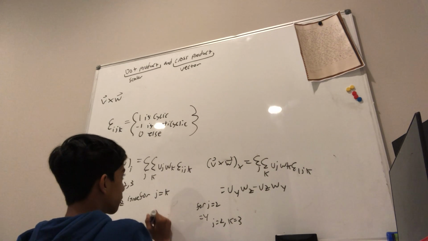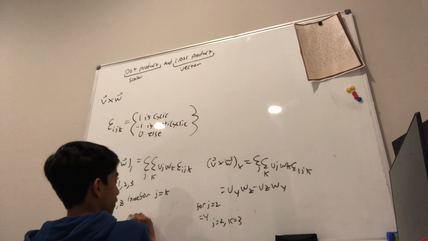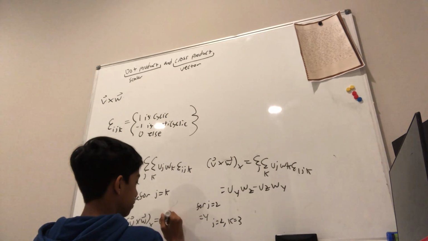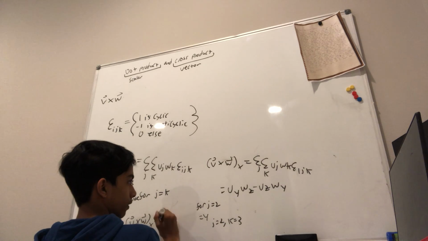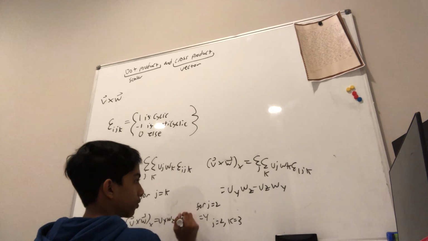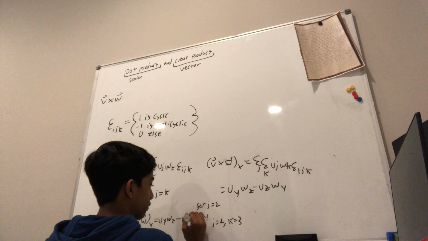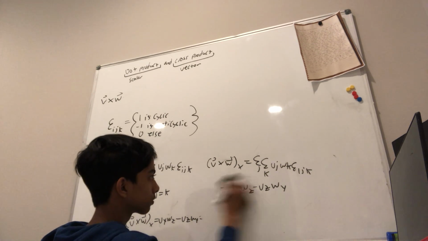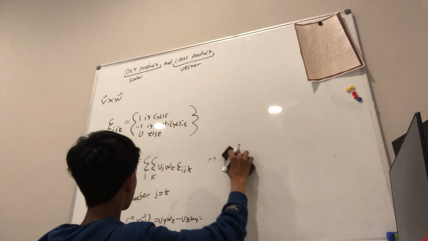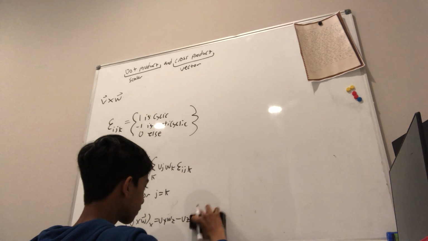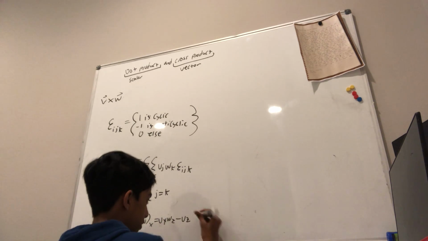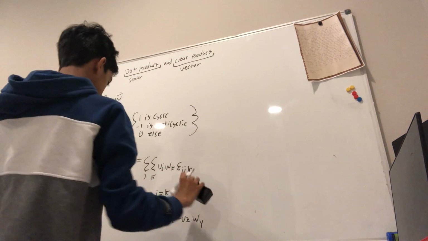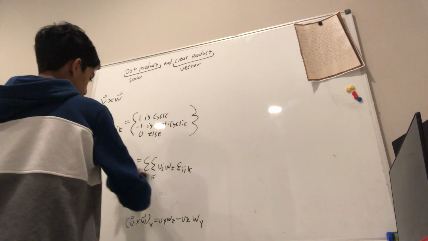So the first part of the cross product is going to be equal to V_Y W_Z minus V_Z W_Y.